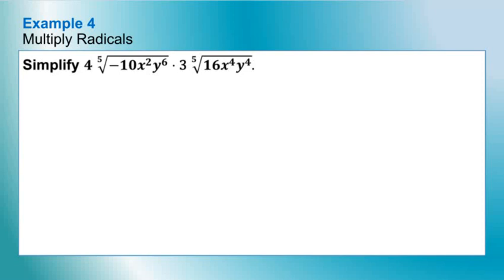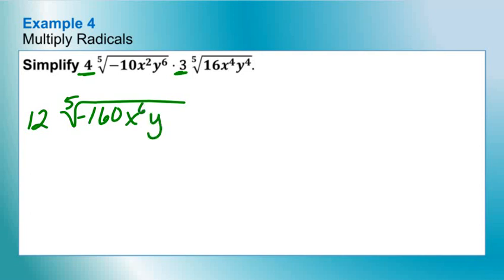Next, simplify this one. So multiplying radicals, we're going to multiply the coefficients times the coefficients, so that's 12. And then the radicands, so here that will give us the fifth root of negative 160 x to the 6th, y to the 10th.